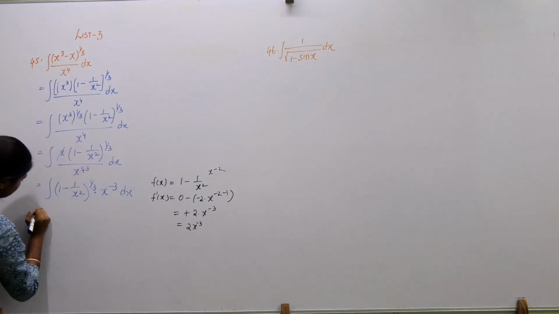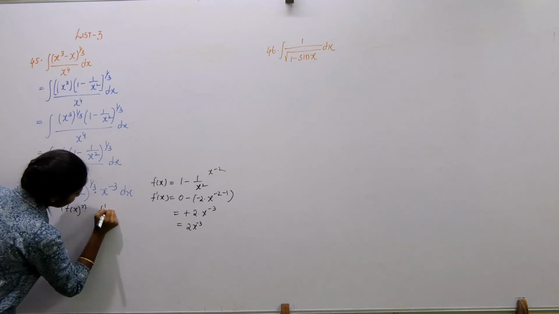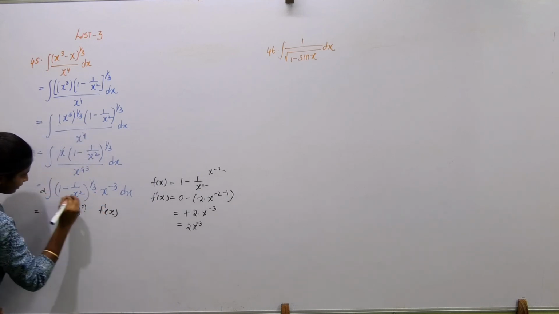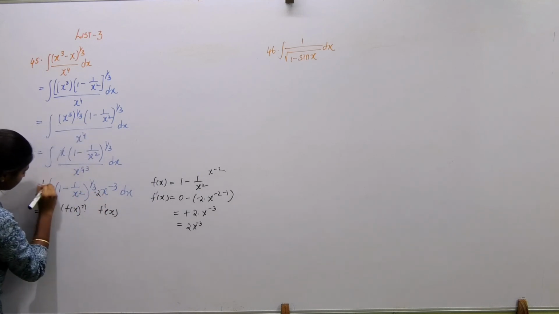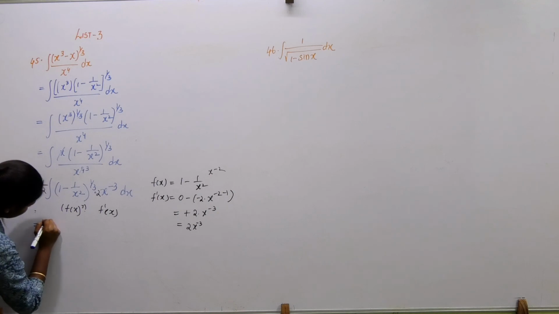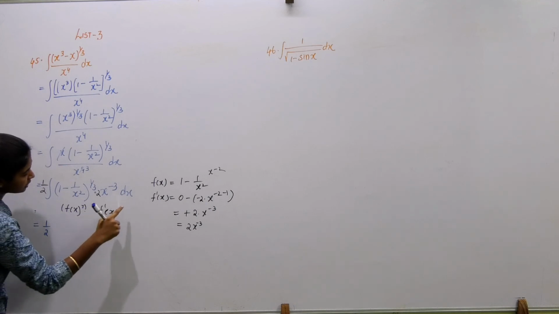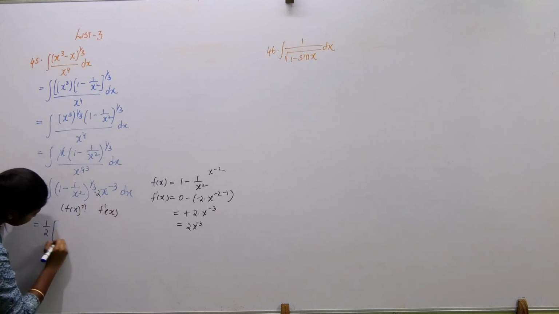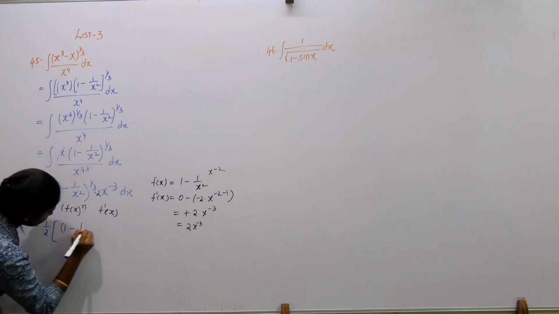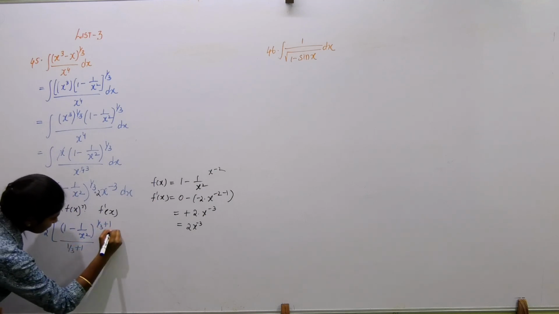Now we have f of x whole power n here, and for f dash of x we must have 2. So I am adjusting 2 here and 1 by 2 outside. Now this is in the form of f of x whole power n into f dash of x dx. It becomes f of x whole power n plus 1 by n plus 1, which is whole power 1 by 3 plus 1 by 3 plus 1.